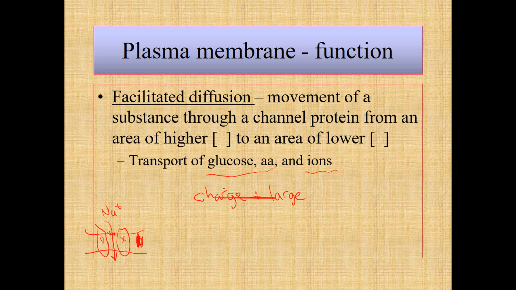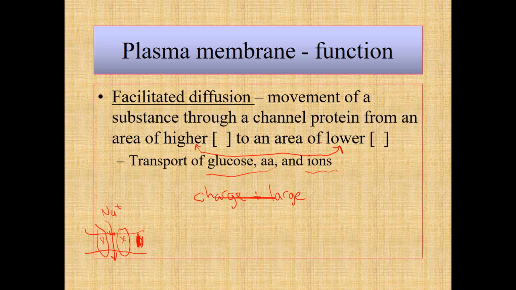So for active transport, all you have to do is use this same definition, but just change the direction. So active transport would be movement of a substance through a channel protein from an area of lower concentration to an area of higher concentration.